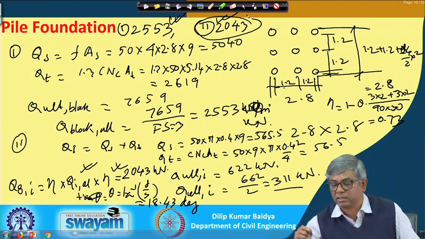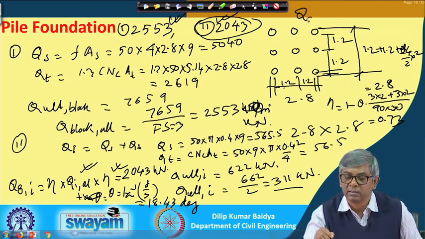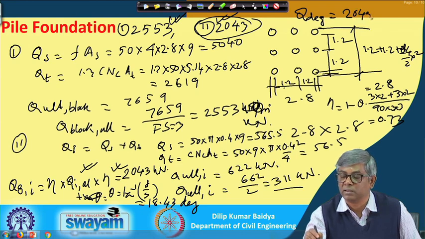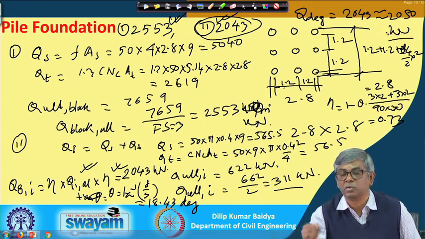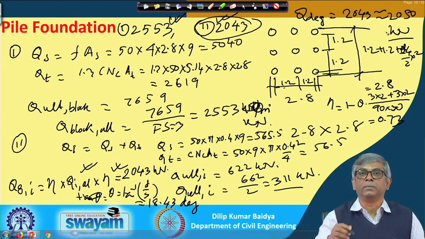So, Q design ultimately you can recommend will be equal to 2043. So, approximately you can say 2050, or 2000 itself can be given; 2000 kilonewton will be the capacity of this group. So, this is the problem for calculation of group capacity of piles when there are n number of piles in a group, particularly in a square group.